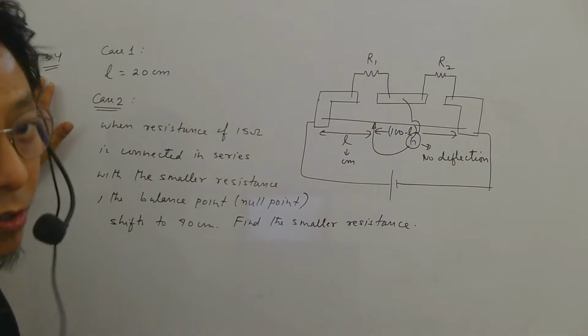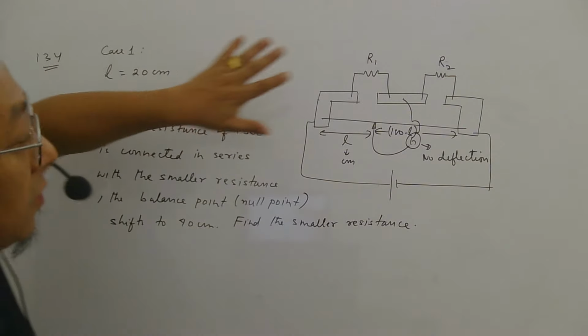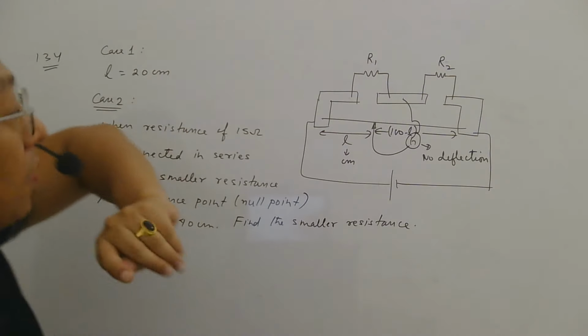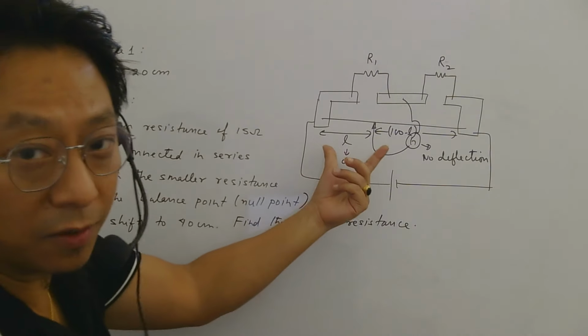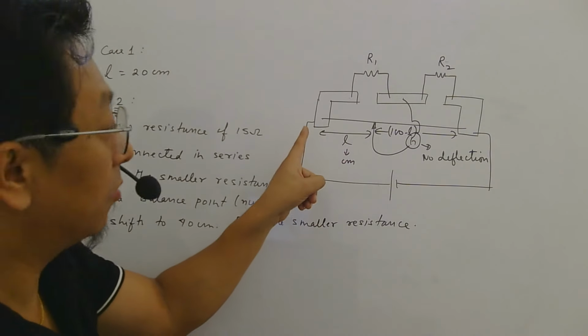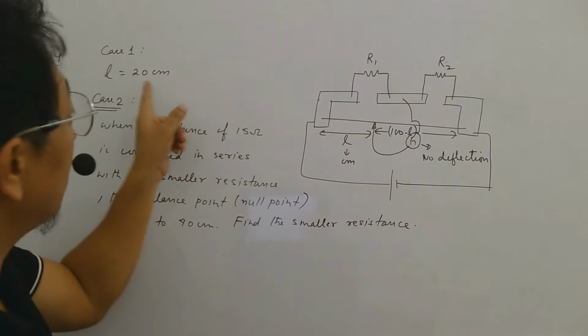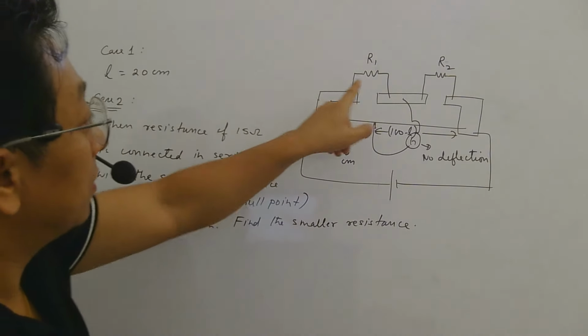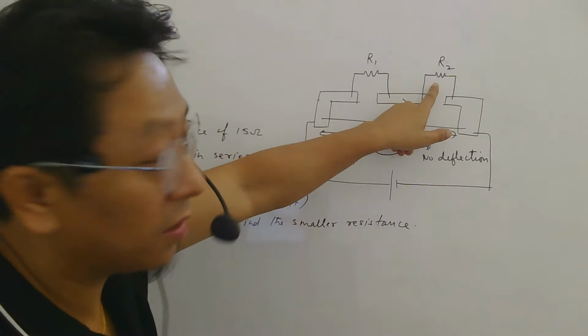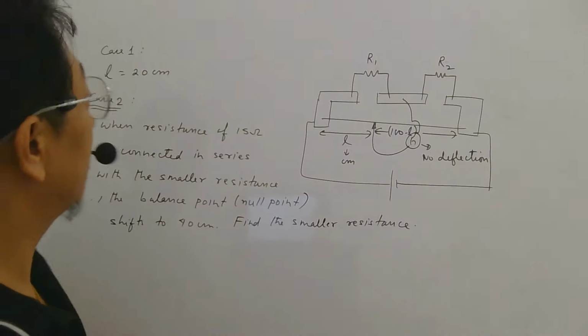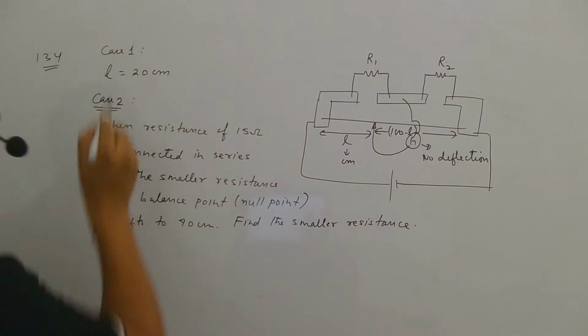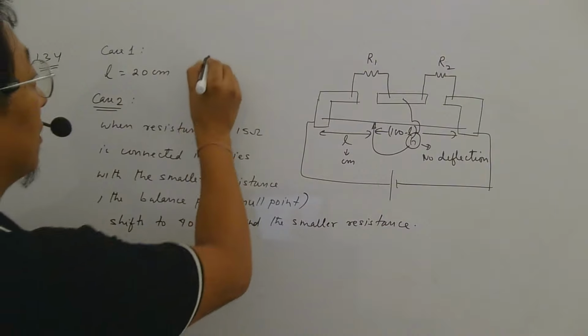Okay, now in the next question, number 134, they have given a meter bridge wire, and they told in the first case the balance length from the left end of the wire is found to be 20 centimeter. The resistance on the left gap and right gap is not given, so I assumed R1, R2. With this given data, what equation can you write?